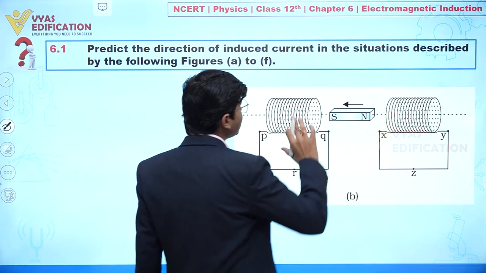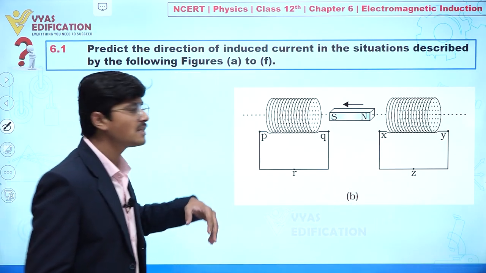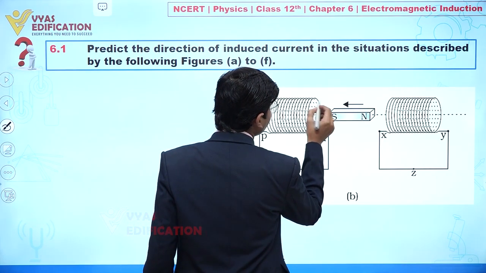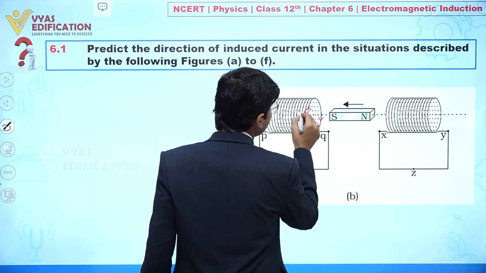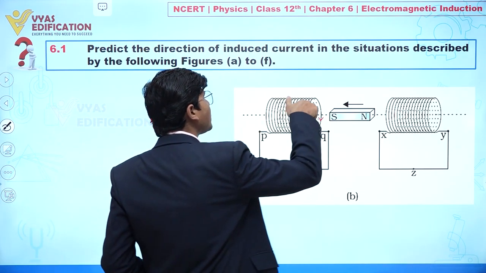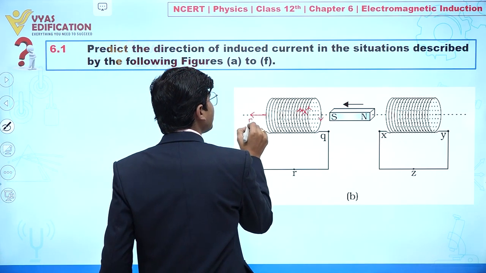At that time, induced current will be developed in this circuit such that it will try to decrease this effect. So again, if I say this induced current will be like this, and if you curl your fingers like this, the thumb will indicate the direction of the magnetic field in this direction.